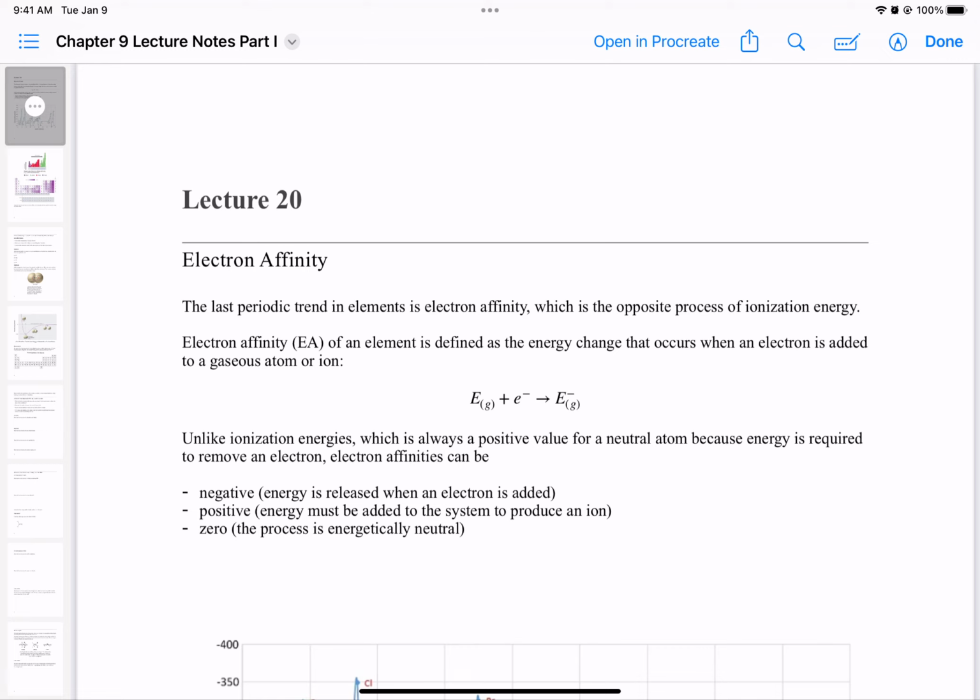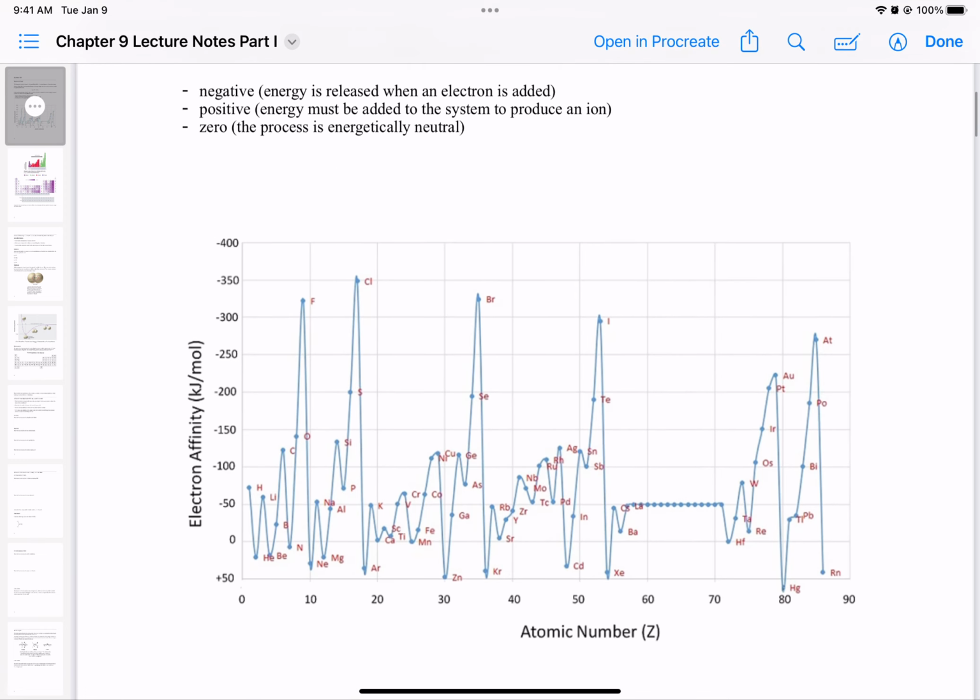Okay, so let's look at this trend here, and we see all the metals here. You see the metal atoms, or the noble gases here. They're really low, and we see the non-metals, like things to the right of the periodic table, they're relatively high, right? But see, the trend is not exactly clear, because we do see some metals have negative electron affinities, and that could probably be attributed to them being transition metals, and some transition metals are what we call electronegative.